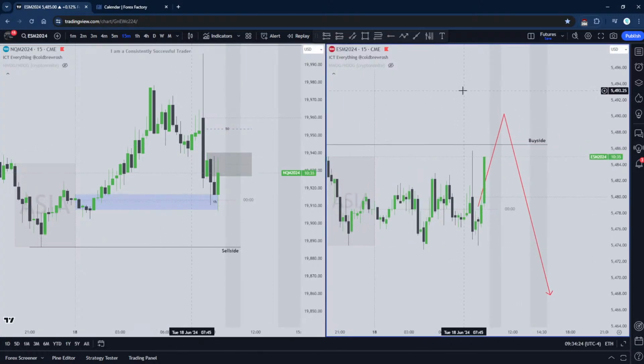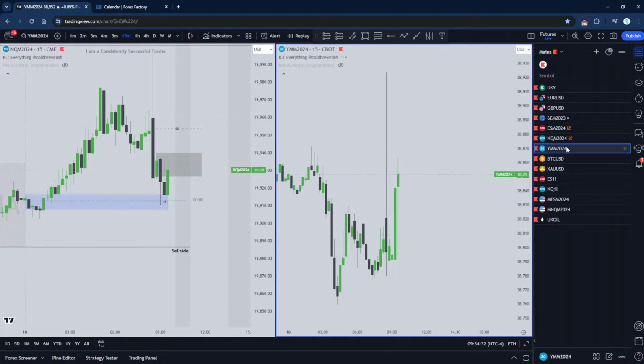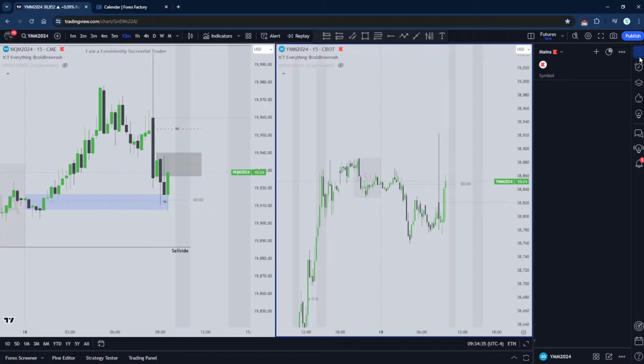Let's see, we're getting a strong reaction out of ES. Okay, YM's providing the same.